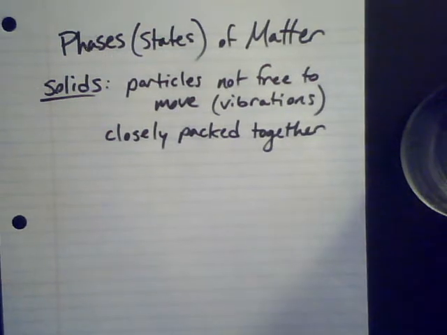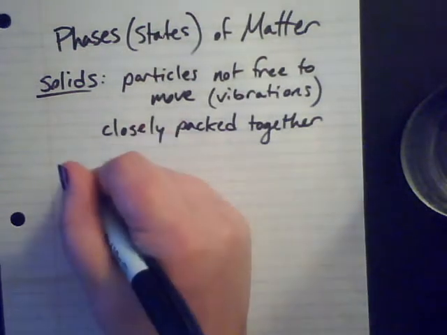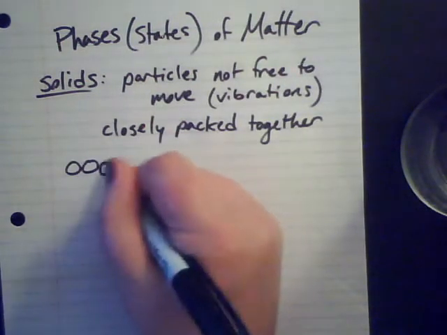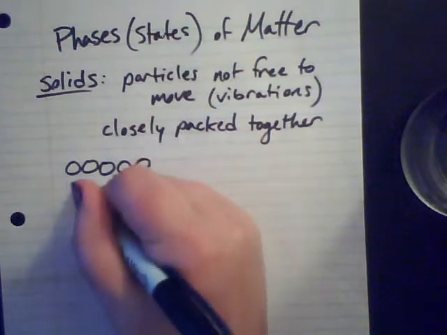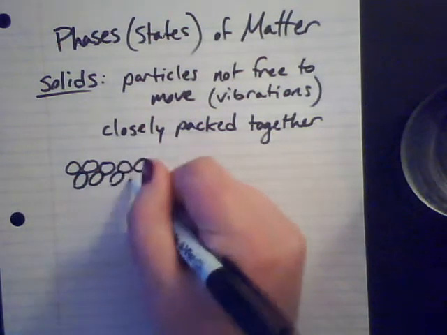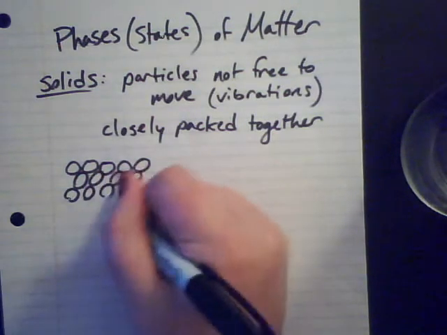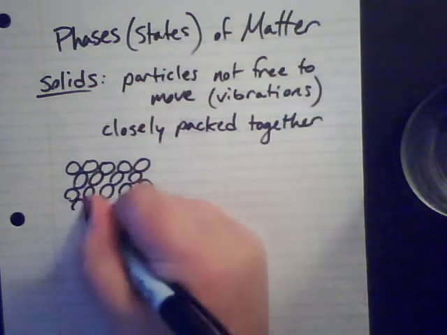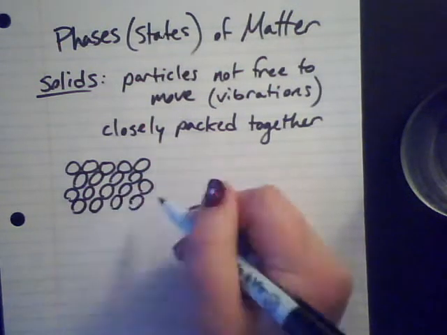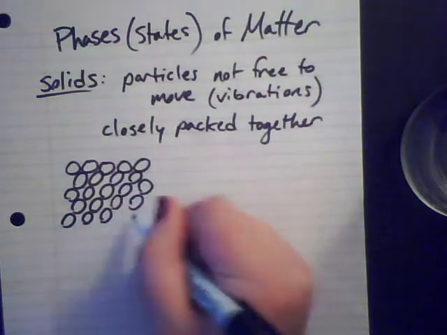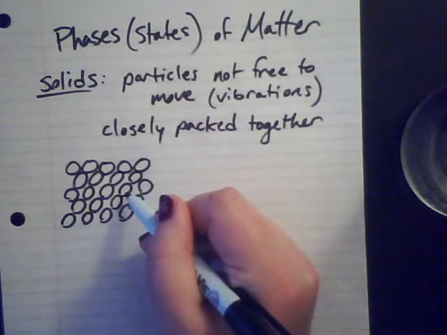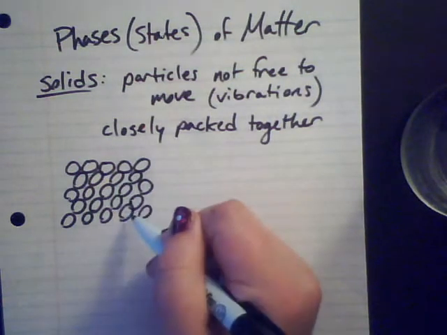closely packed together. And if we're visualizing a solid, then it's usually a repeating array, and I'm just going to use these particles here as circles. So we have this repeating array of circles. They're all pretty tightly packed together. They can't move around very much. One of these particles here is going to be trapped by all of the particles around it.